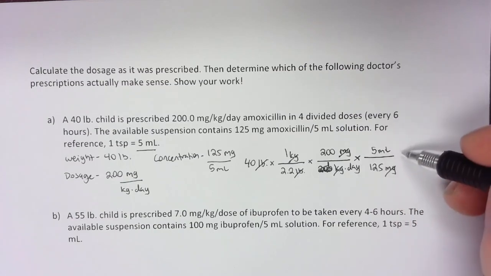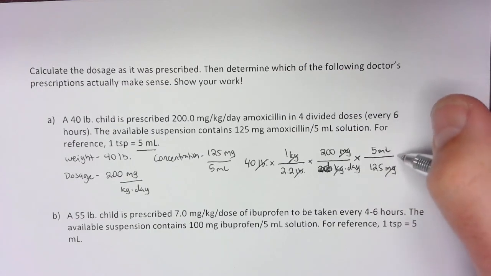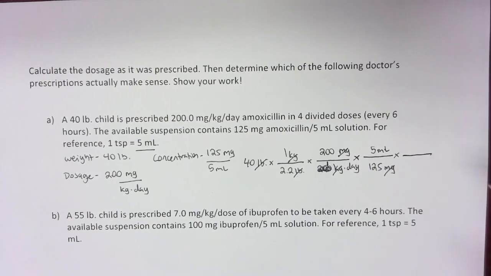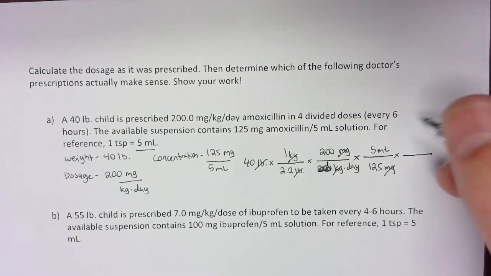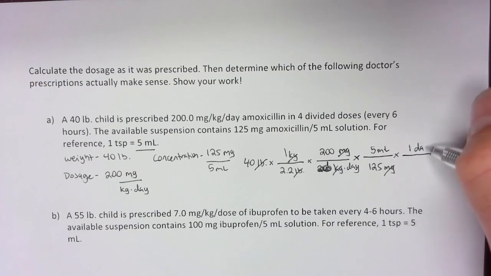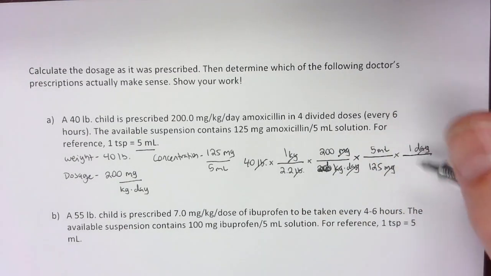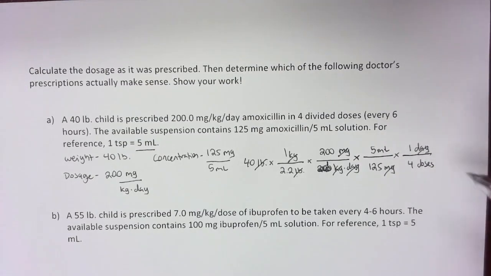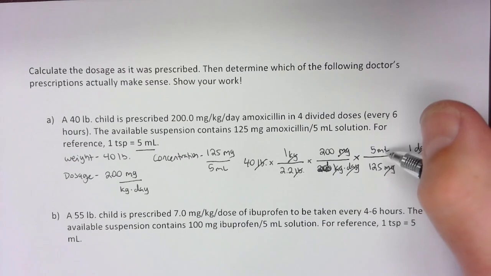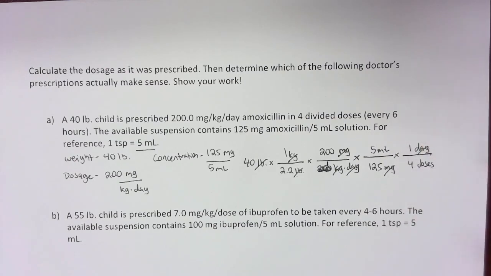Okay, milliliters per day, but I actually want to get, like I said, an even more close-up look. I want to get milliliters per dose. So I'm going to put 1 day up here to cancel out the day, and I know that there are 4 doses in each day. So now I've got milliliters per dose.